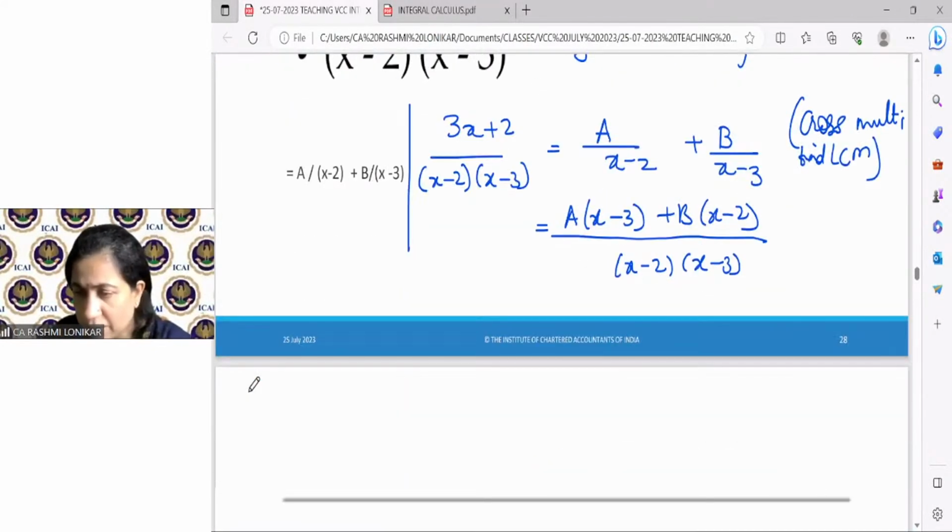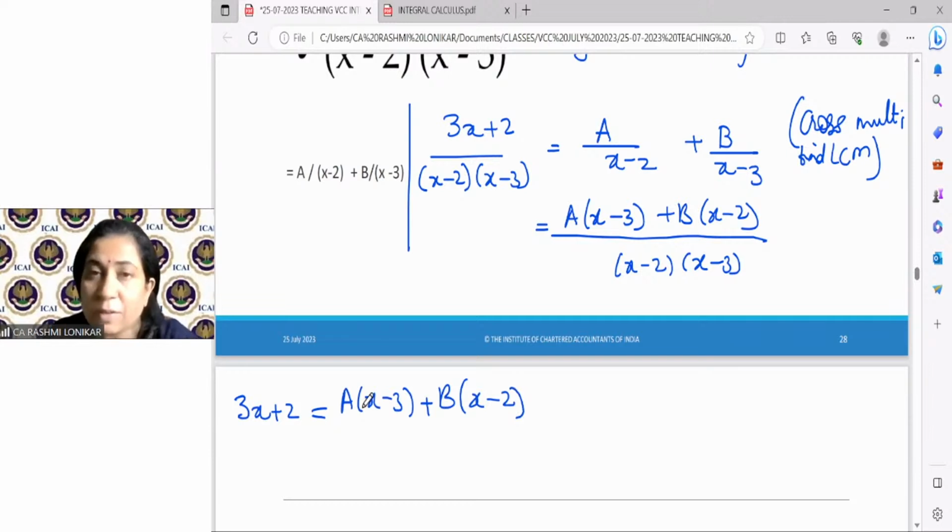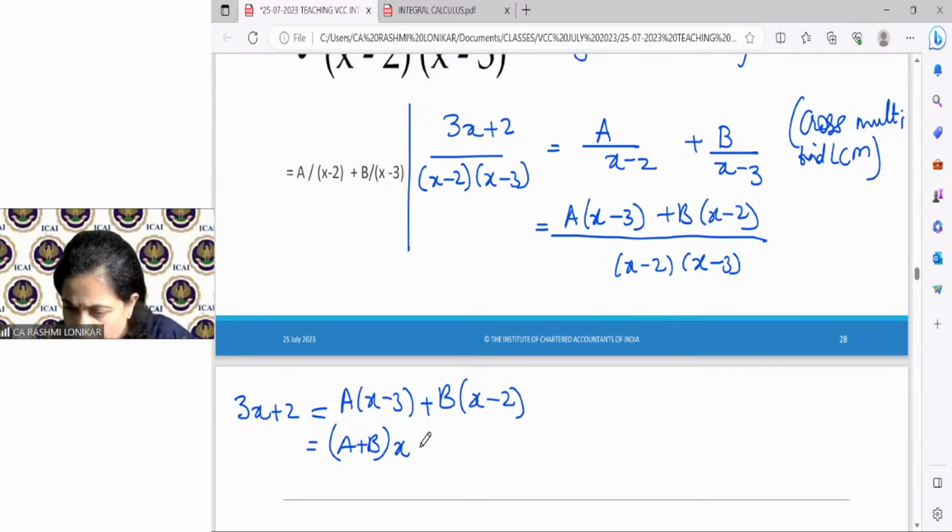So what am I going to be left with? 3x plus 2 on the left hand side is equal to a into x minus 3 plus b into x minus 2. Now I will group the terms with x together and the terms without x together. So this becomes a plus b into x, because this is ax and this is bx, minus 2 minus 3a minus 2b.